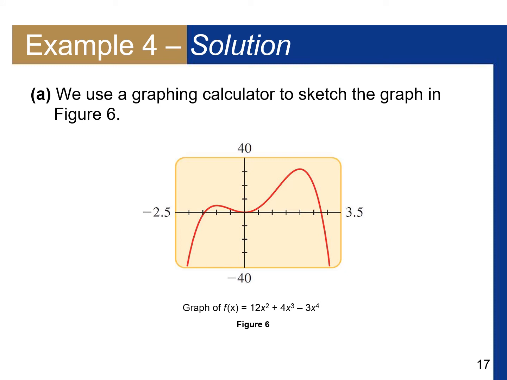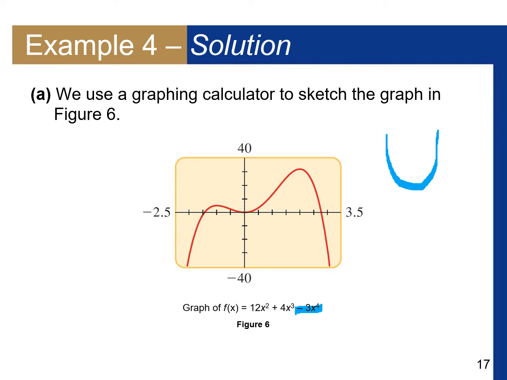Here's the graph. Now notice this negative in front of our 4th root. That's why the ends are going down. Before we said if we had a quadratic or a 4th root, it might look something like this. But the negative that is right here in front of the 3x to the 4th causes this to flip over and go down.